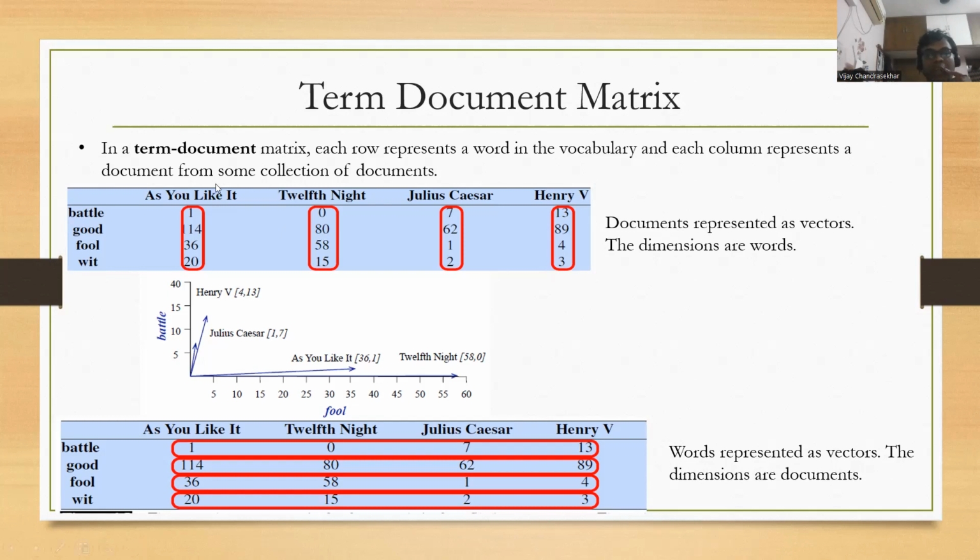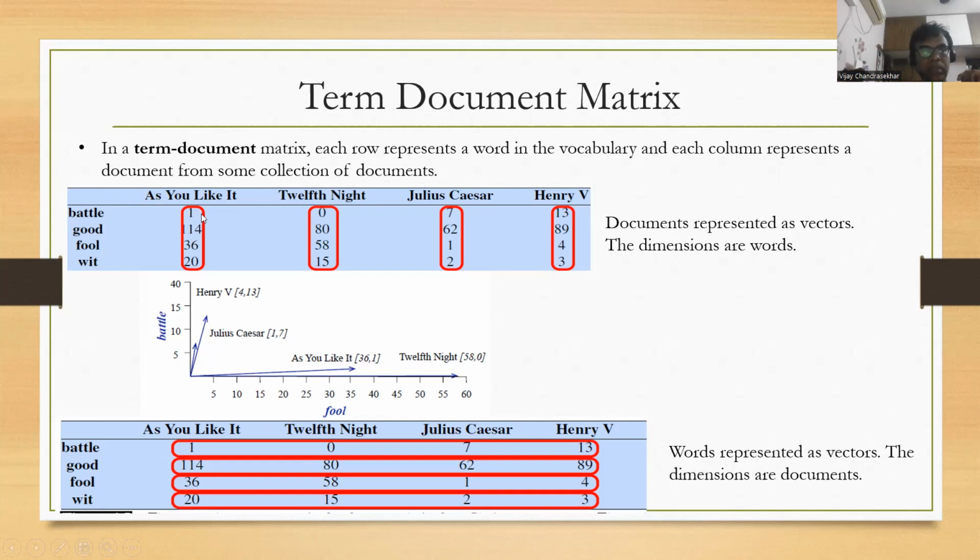In this, the document is the column. As You Like It, a work of Shakespeare, is one column. Twelfth Night is another work, the second column. Julius Caesar is the third, and Henry V is the fourth. And here you have words, which are basically terms: battle, good, fool, and wit.